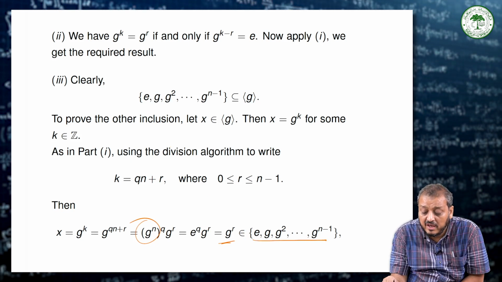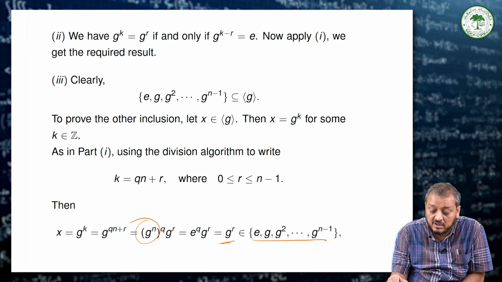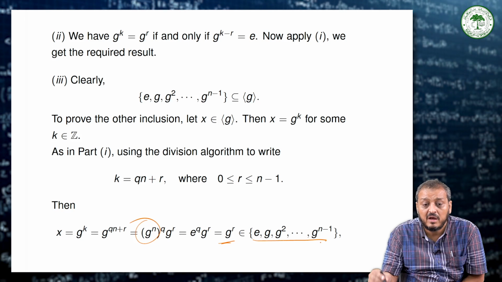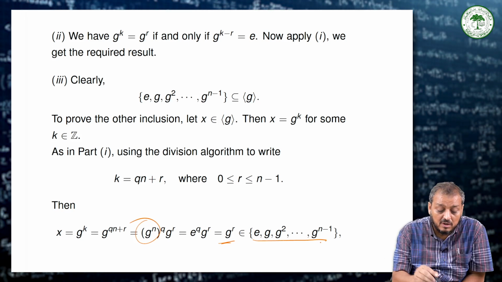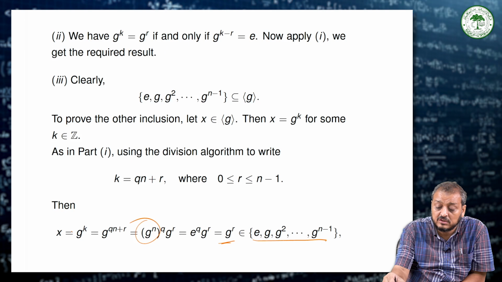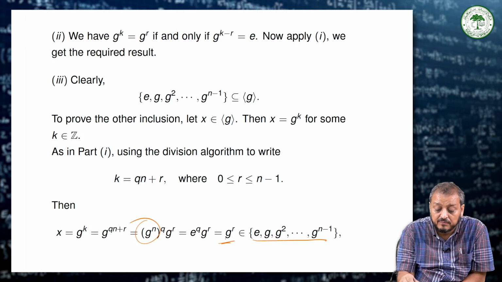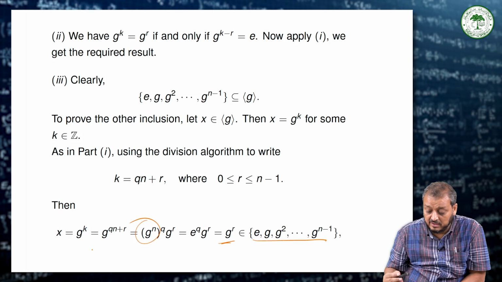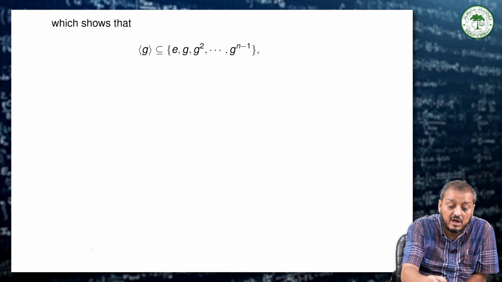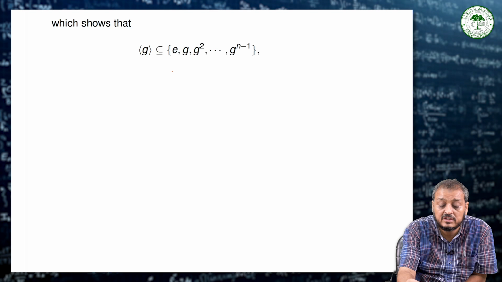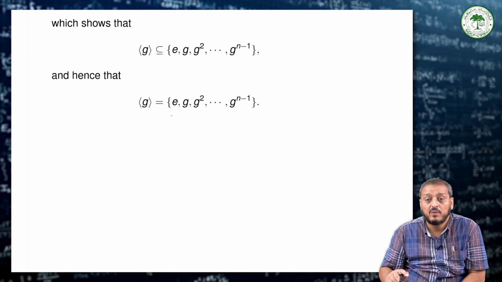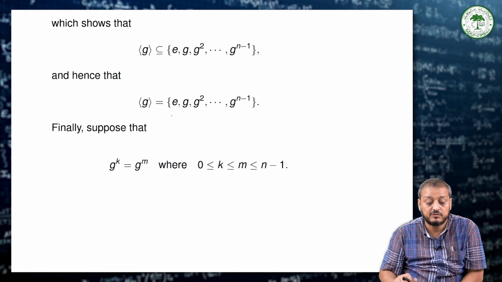So this belongs to {e, g, g square, ..., g to the power n minus 1}. So if we write x in this form, this shows that the subgroup generated by g is contained in this set, and hence the subgroup generated by g is equal to this set.